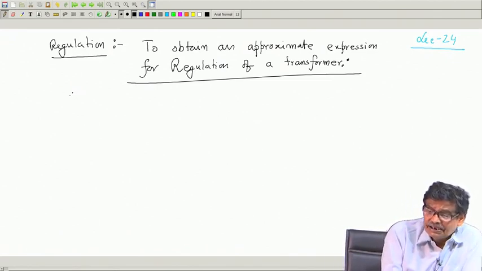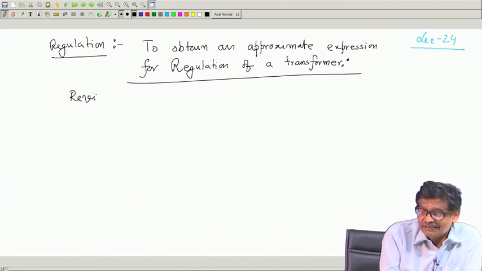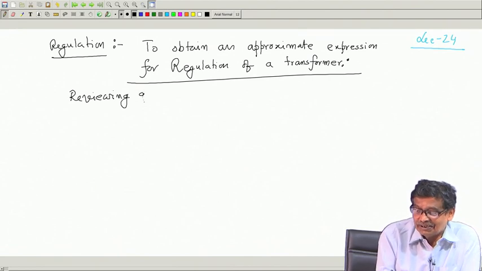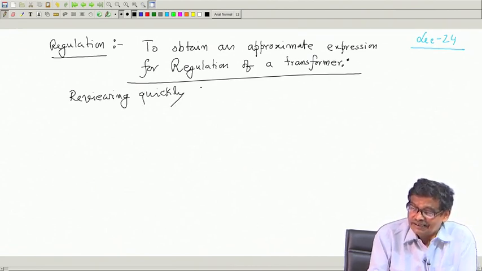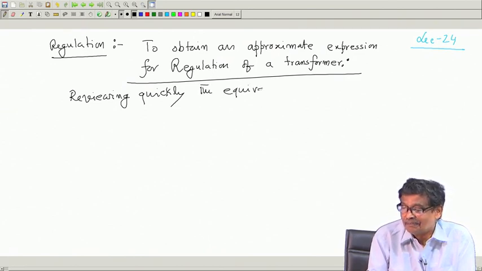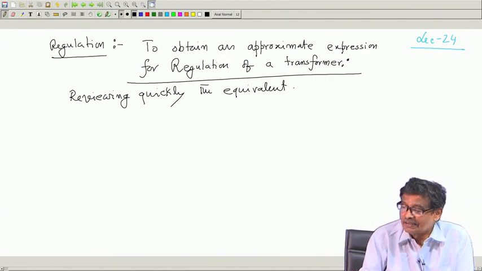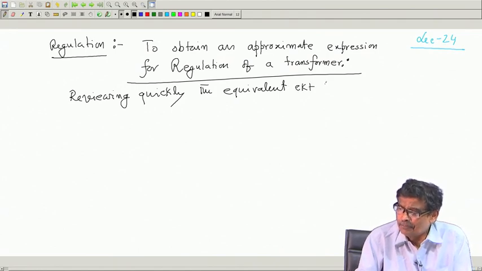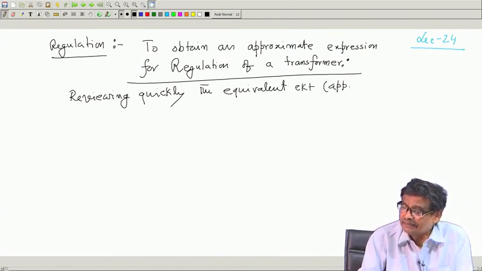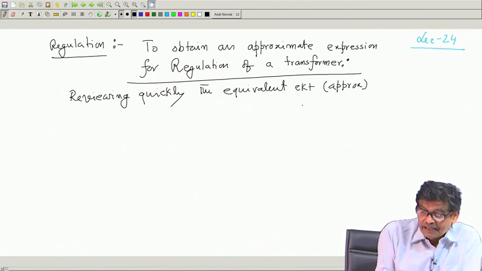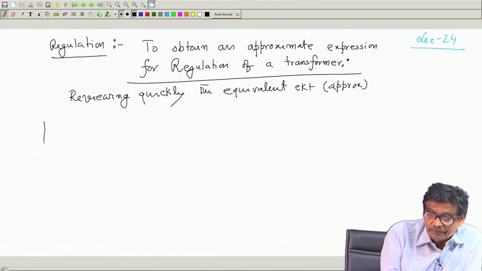So, quickly reviewing the approximate equivalent circuit. See, this was my transformer.